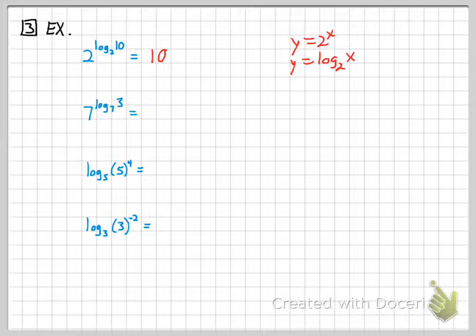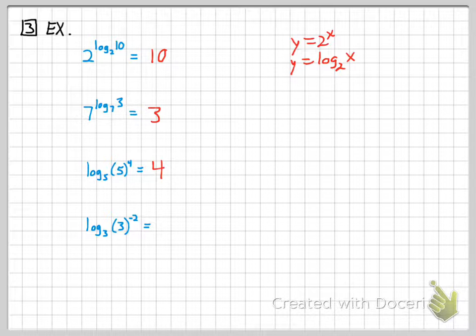7 raised to the log base 7 of 3 is, you guessed it, 3, because you are composing a logarithmic expression with an exponential expression, both of base 7. It works the other direction too. Log base 5 of 5 to the 4th: this time you're sticking an exponential function into a logarithmic function. They're both base 5, they're going to undo each other, and your answer is 4.